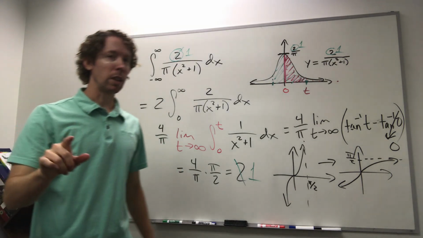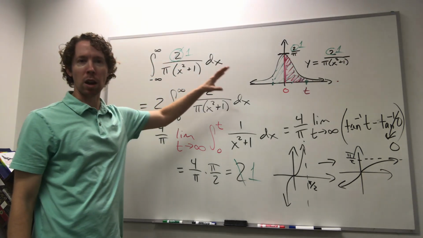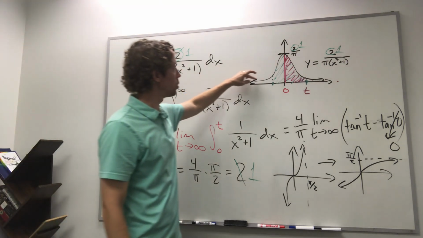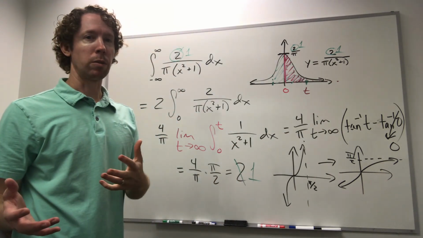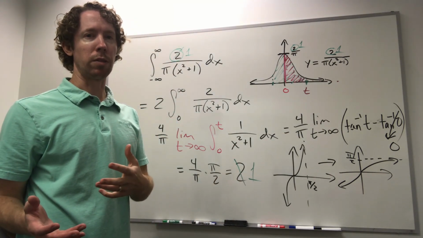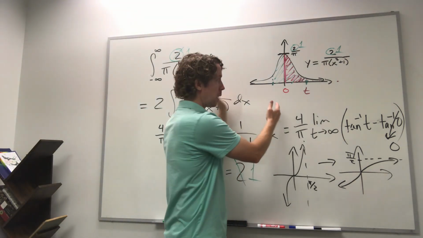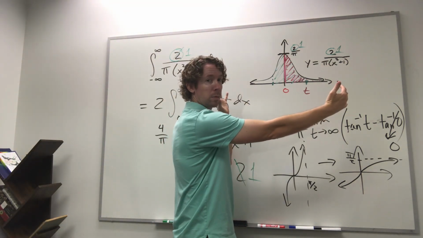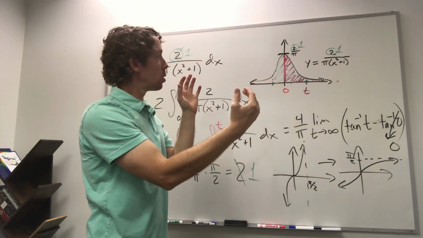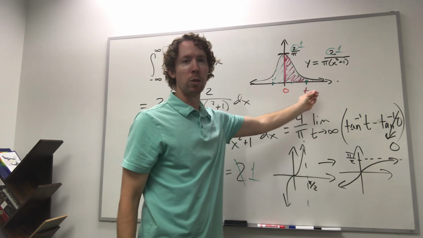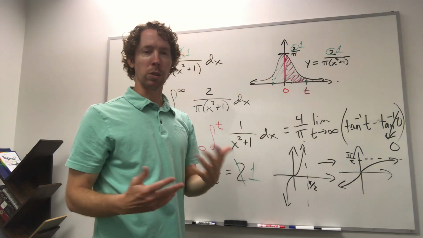So my setup was slightly off, but what this shows is that if I had taken a constant multiple of the function that I chose here to begin with, then I would have a proper, what they call probability density function, so that when you integrate it from negative infinity to positive infinity, that's saying that the probability that your random variable will take on a value somewhere in there is 1. So 100%, that's what we were looking for.